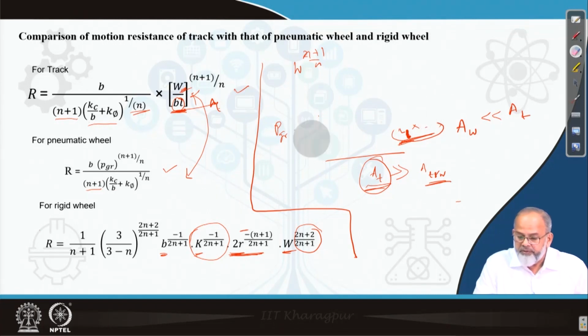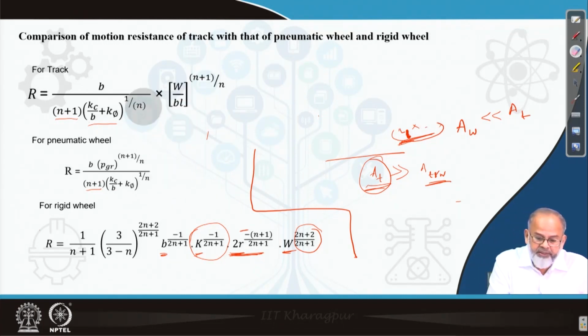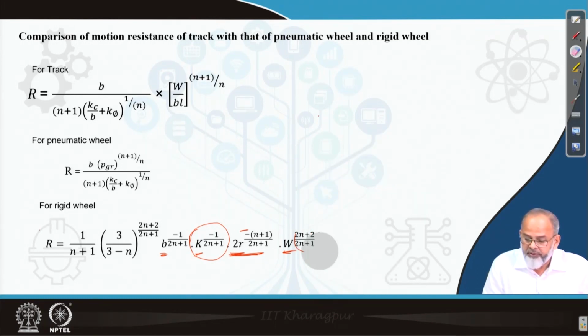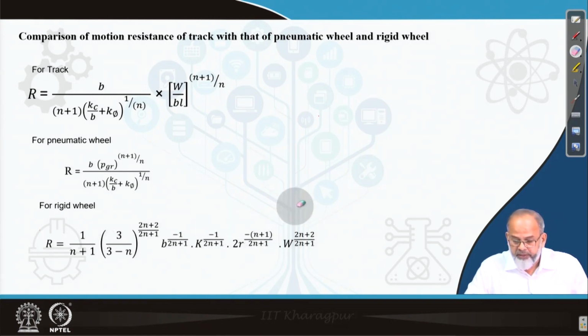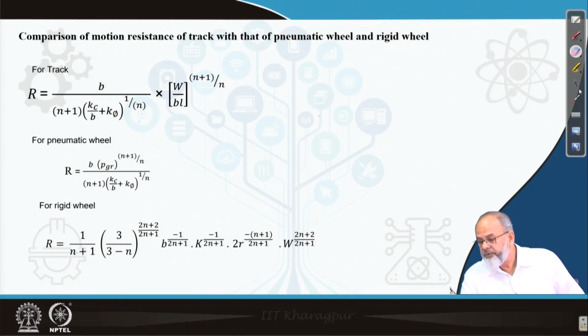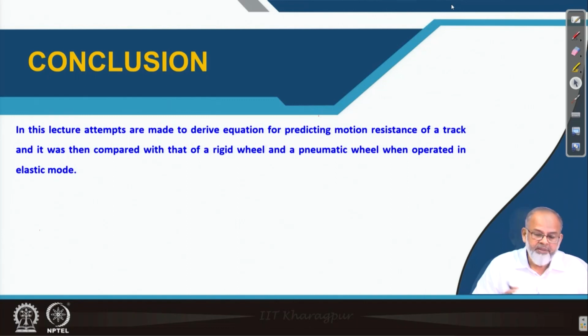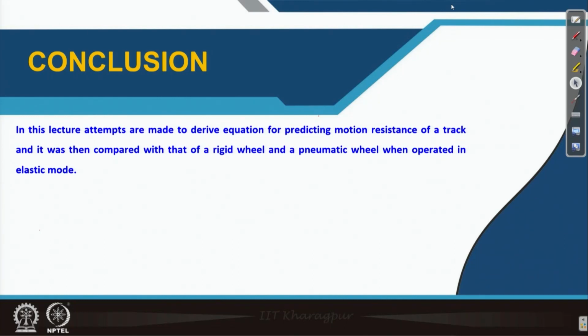So in this lecture, I have tried to derive an expression for the rolling resistance of a track. Then we compared it with the rolling resistance expressions for the pneumatic wheel and rigid wheel which we derived earlier, individually, and what we conclude is that the rolling resistance of a track is lesser than that of a pneumatic wheel or a rigid wheel.